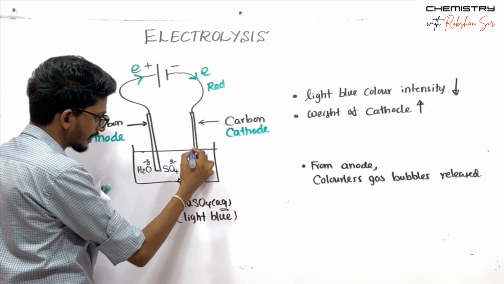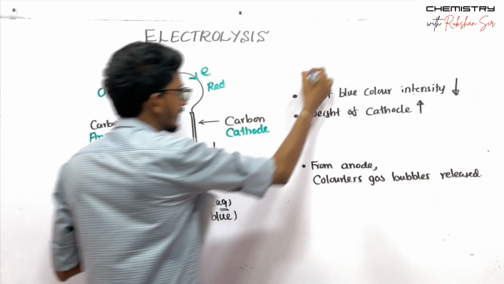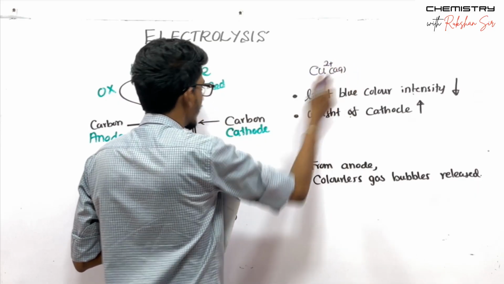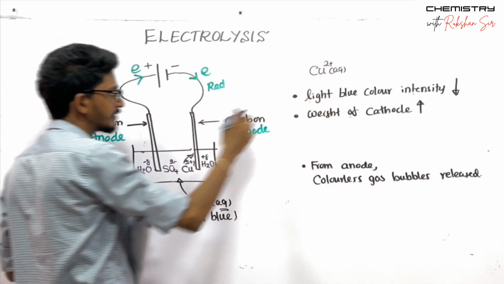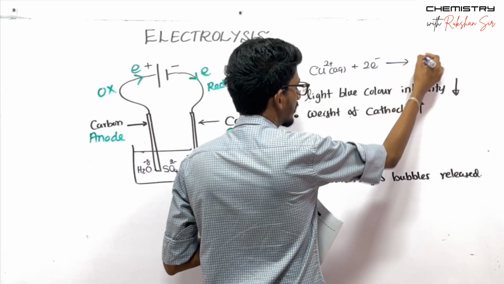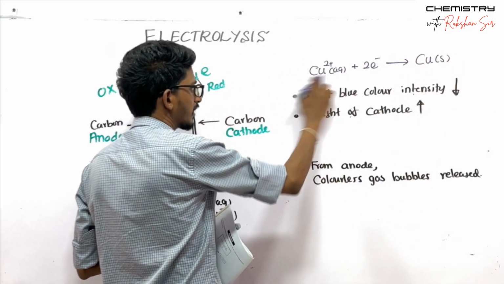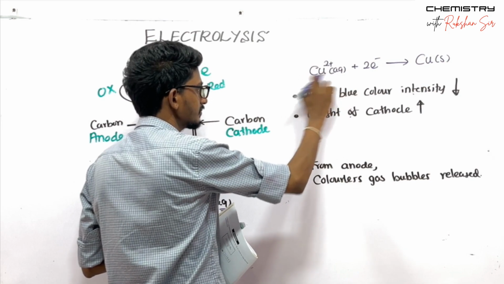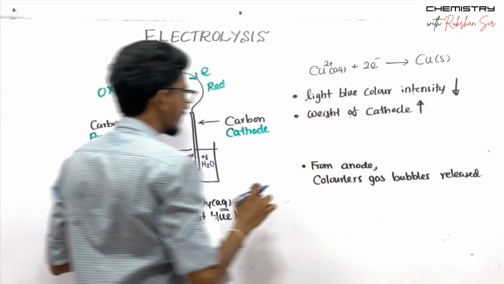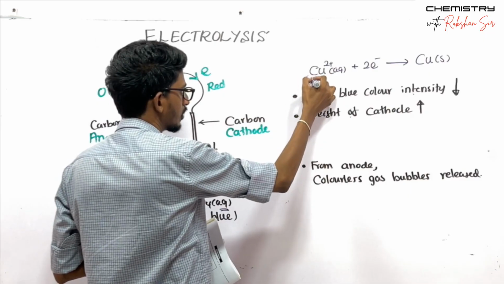So this reaction occurred: copper 2 plus aqueous absorbing electrons from the cathode. Electrons are pumped to the cathode, and you get deposited copper solid. As the copper sulfate aqueous amount decreased, consumed by this reaction, the light blue color intensity decreased. So this is the one which is the light blue color.